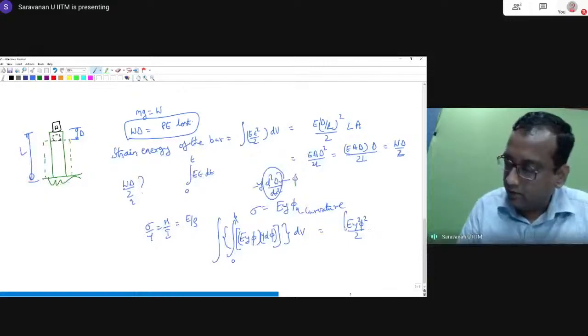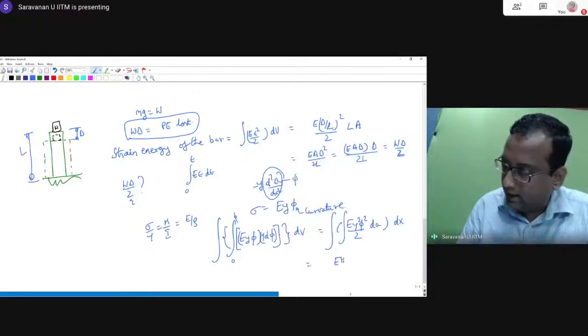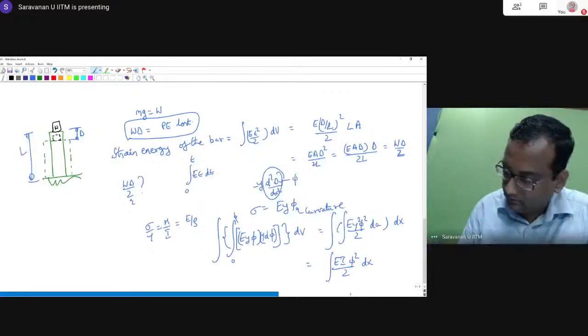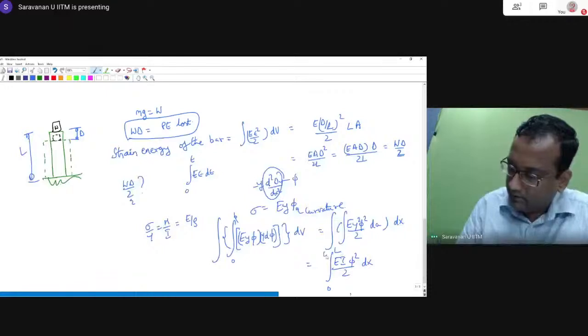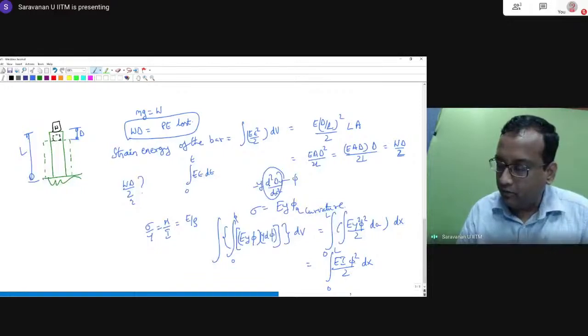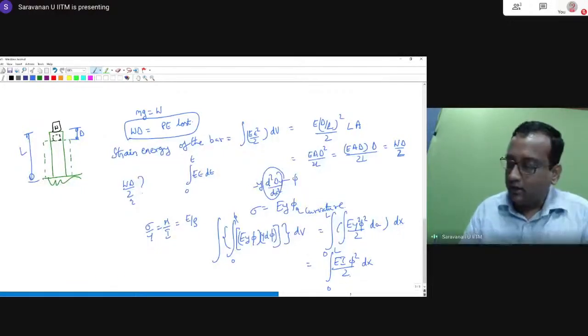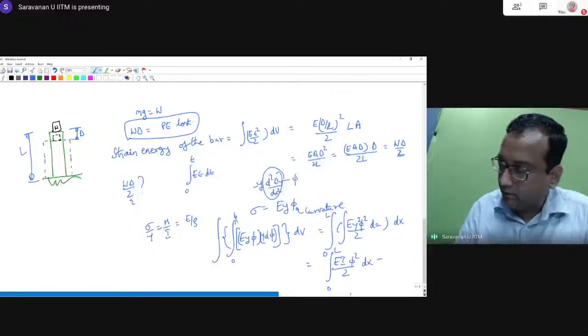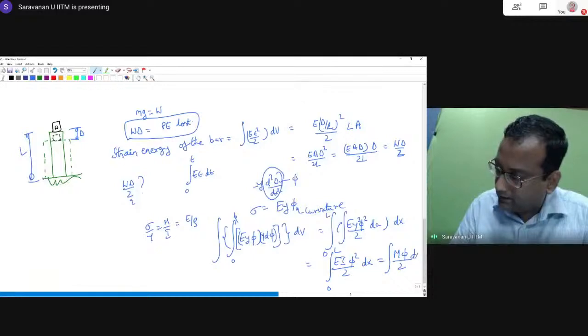Okay, so now if I integrate over dA and over dx, y square dA gives E I phi square by 2 dx, from 0 to L. Y square dA is the moment of inertia I. E I phi is the bending moment, so I can write it as M phi by 2 into dx.